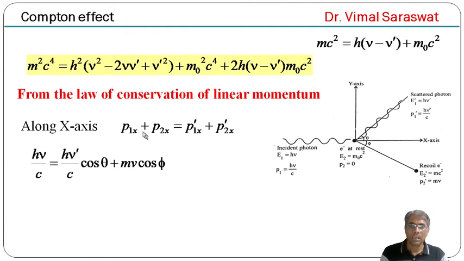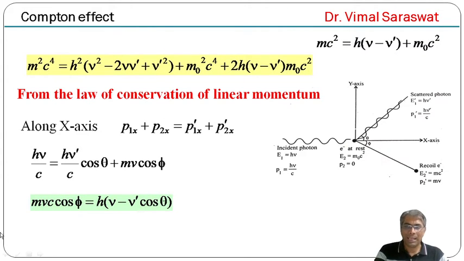So P1x = hν/c, P2x = 0, P1x' = P1' cos θ, that is hν'/c cos θ. So hν'/c cos θ plus P2x' = P2' cos φ, that is mv cos φ.